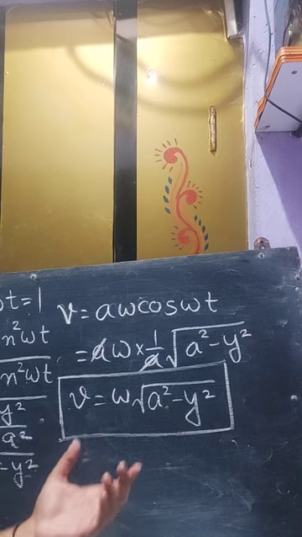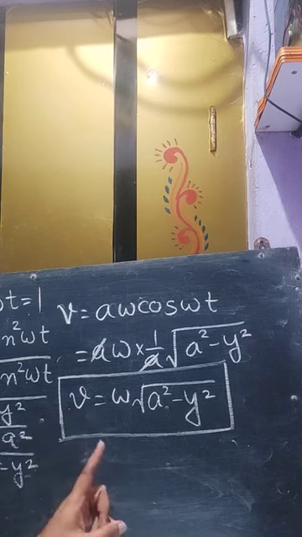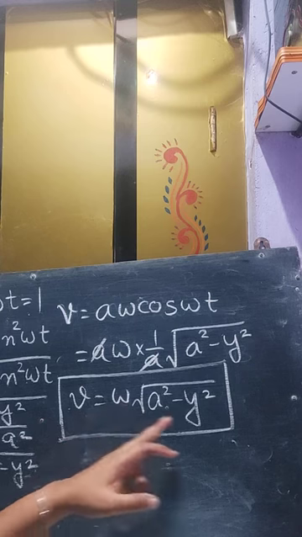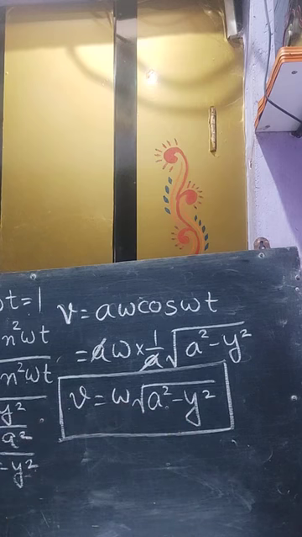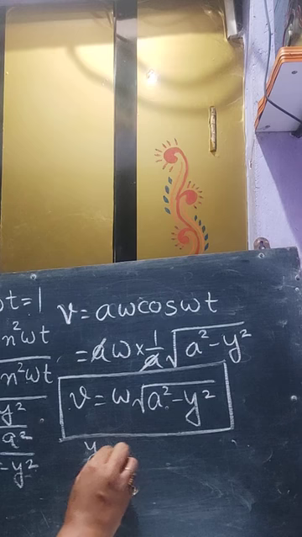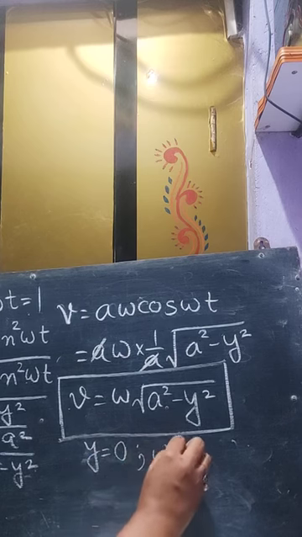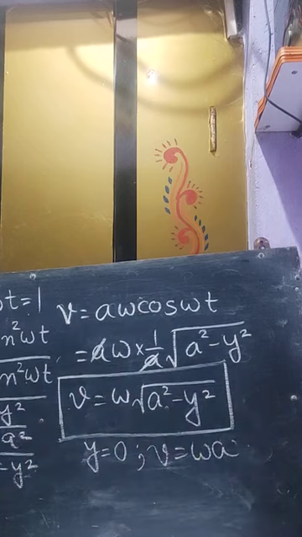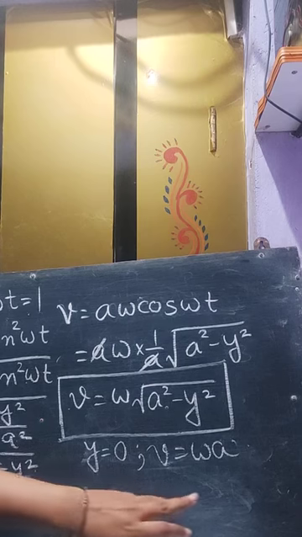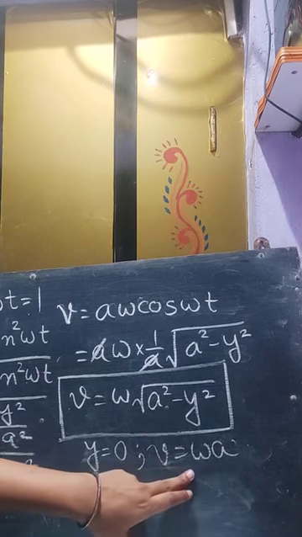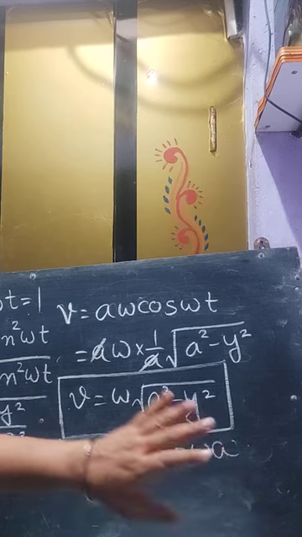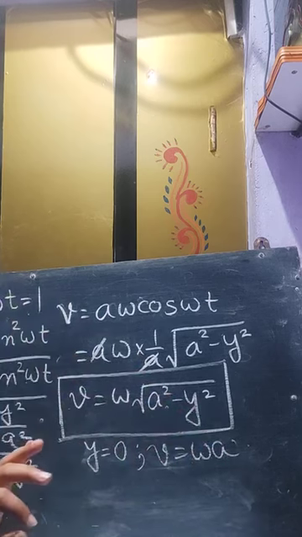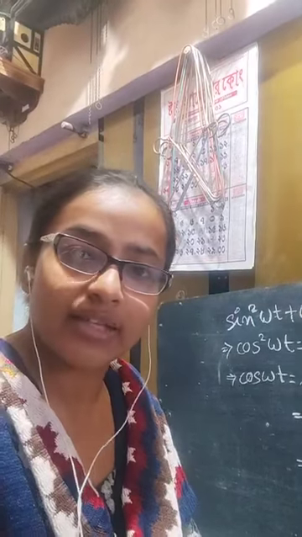Now, the velocity of the particle in SHM changes with the displacement y of the particle. When the displacement is 0, suppose y equals 0, then what will be the velocity? Velocity will be omega into a, right? That is the maximum velocity, which means that at the equilibrium position, the velocity is maximum for SHM, right?